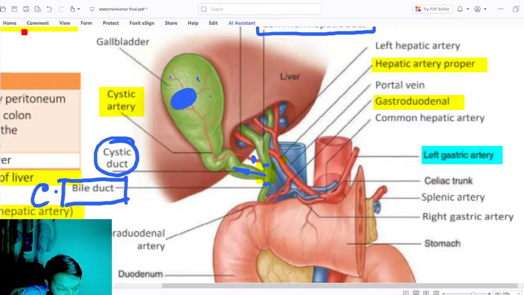They should not, because if they clip the hepatic duct, bile cannot come. We must keep the passage free for the bile. Bile will come from the right side and the left side to the common hepatic duct, and if this passage is clear, then it can directly meet the second part of the duodenum.